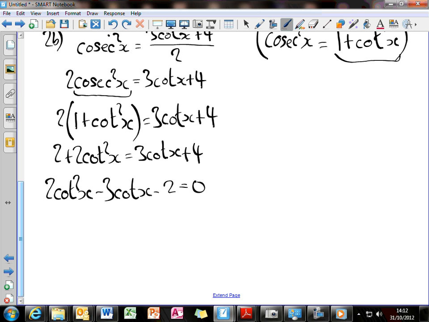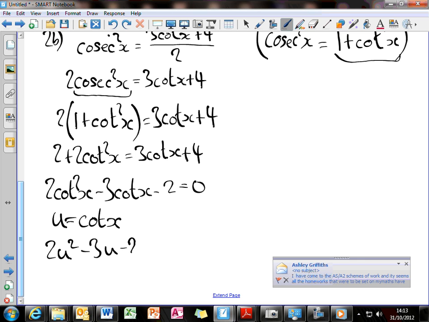Now, you don't necessarily have to do the next step, but it just makes it look a little bit nicer. Let's make a substitution, u is cot x, and then we can rewrite this equation as 2u squared minus 3u minus 2 equals 0.